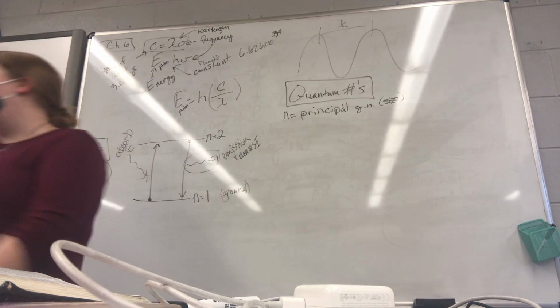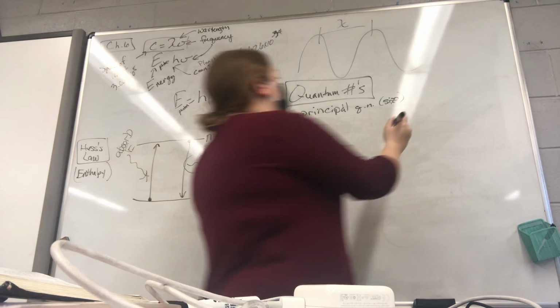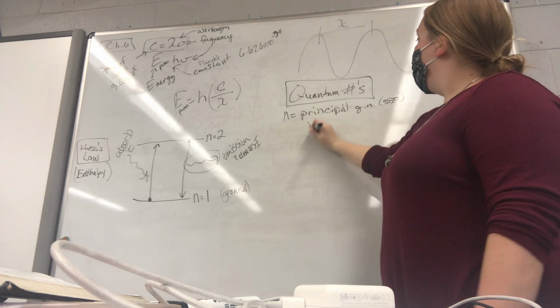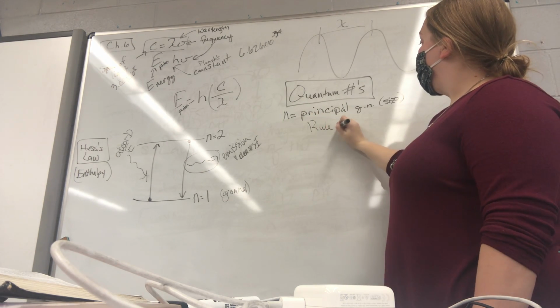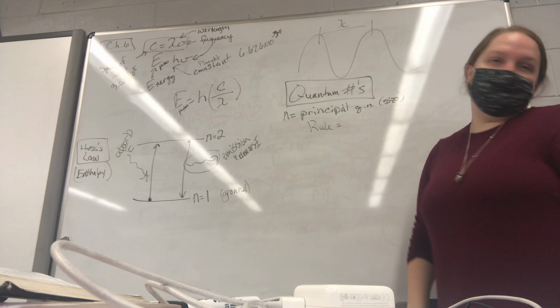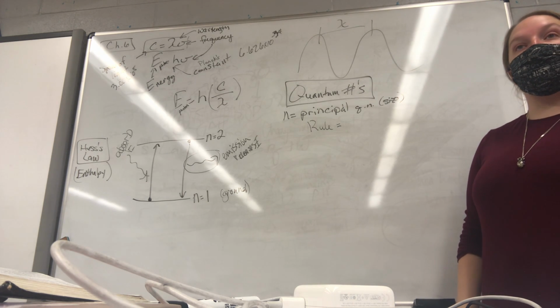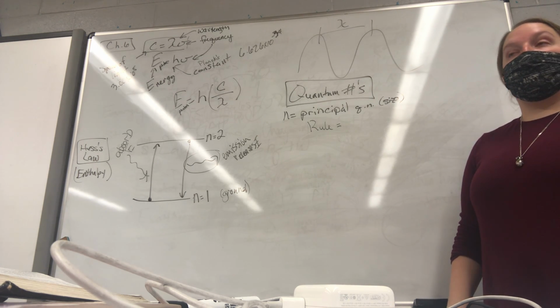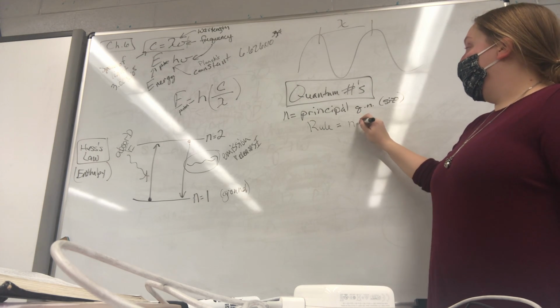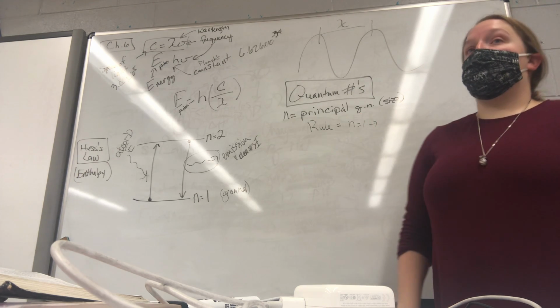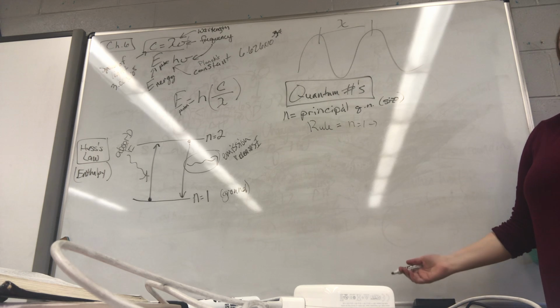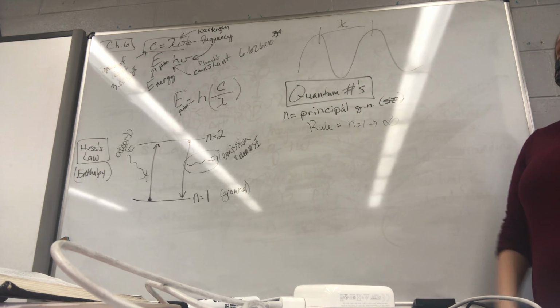Now we can talk about quantum numbers. What was the rule for n? Do you remember what values it could have? N equals 1 up to whatever number it wanted.